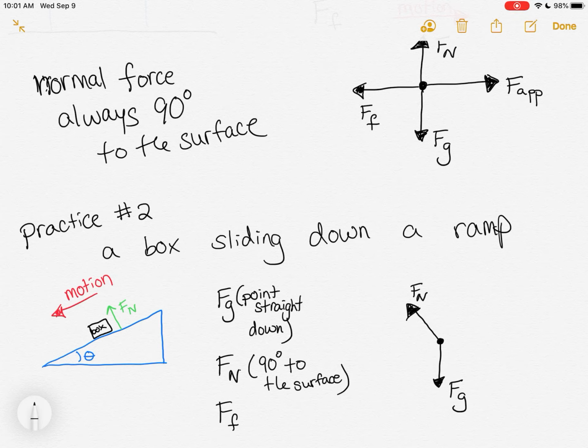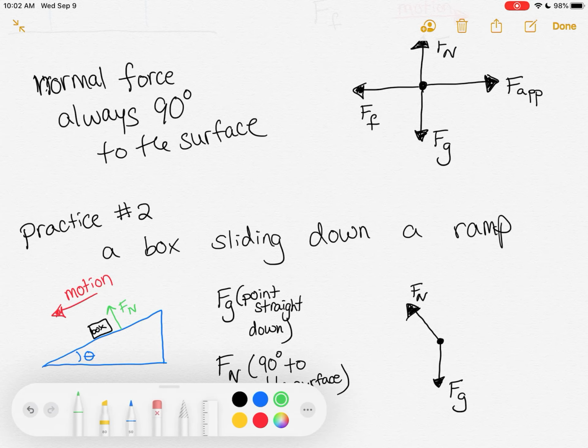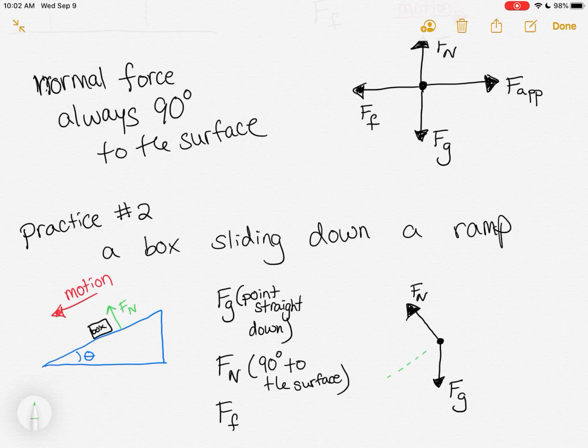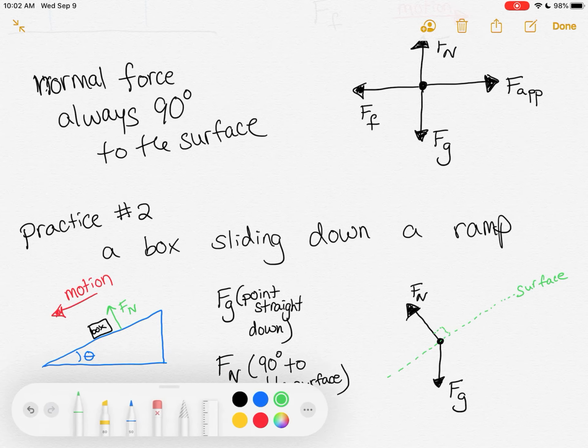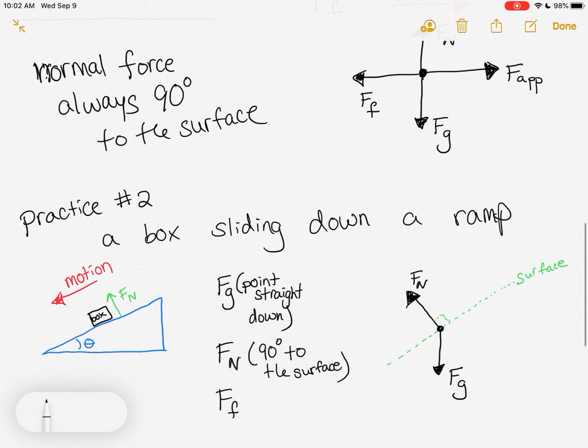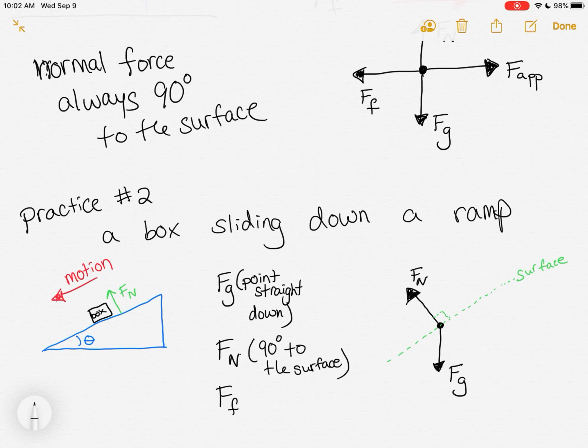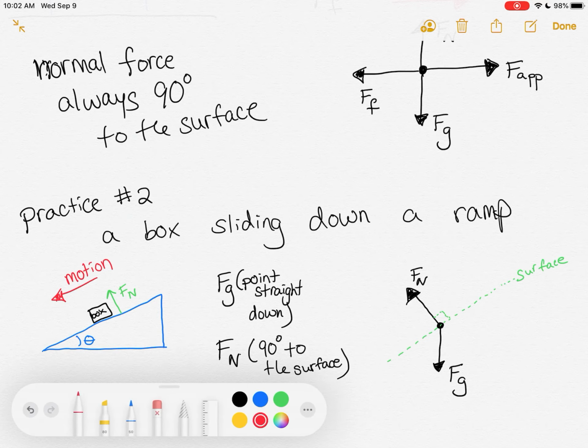It's pointing up at an angle because I'm just going to draw this green line. That's going to represent our surface. And we want our Fn to be 90 degrees to the surface of our ramp. That also is going to mean that my friction force is going to have to be exactly the opposite of our motion.